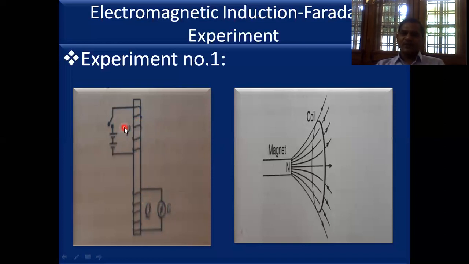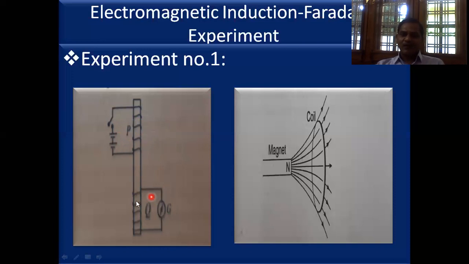Whether the tap key is closed or broken, in these two cases, in the first case, current is increasing with time, and in the second case, current is decreasing with time. When increasing or decreasing current flows through the primary coil, according to Oersted's experiment, the magnetic field around this conductor is changing.